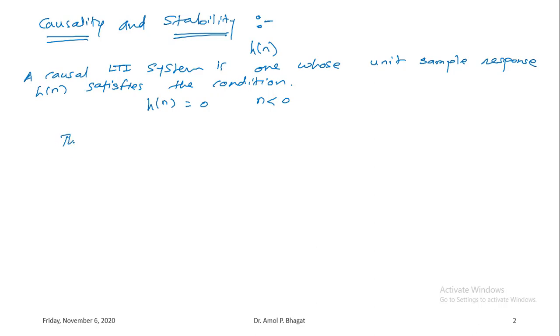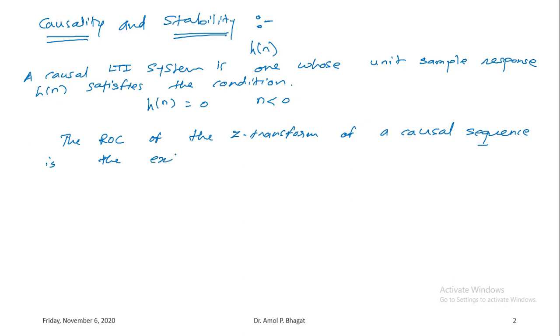So the ROC of the Z transform of a causal sequence, or the system function of a causal system, is the exterior of a circle, right?